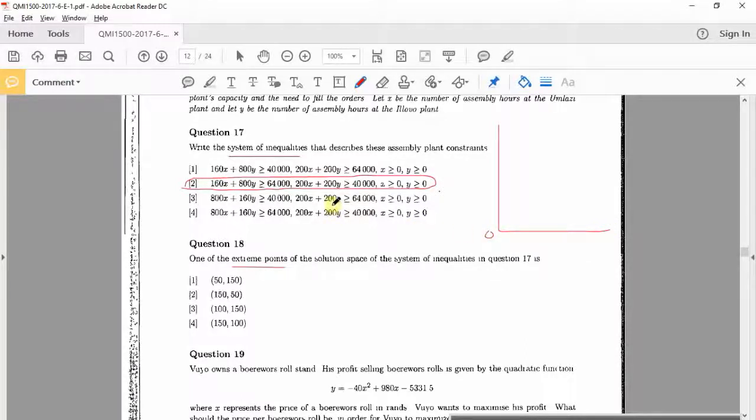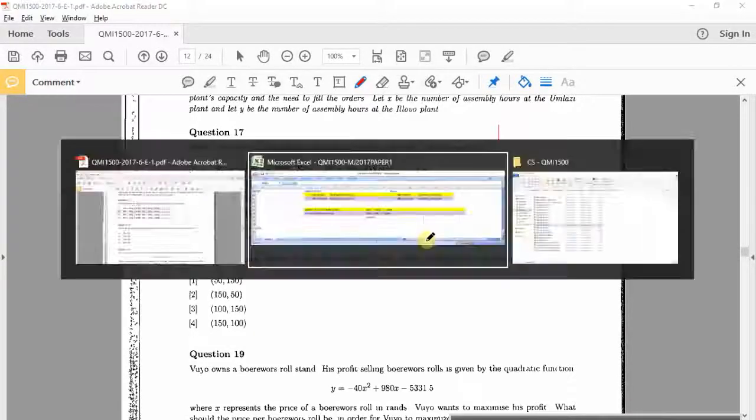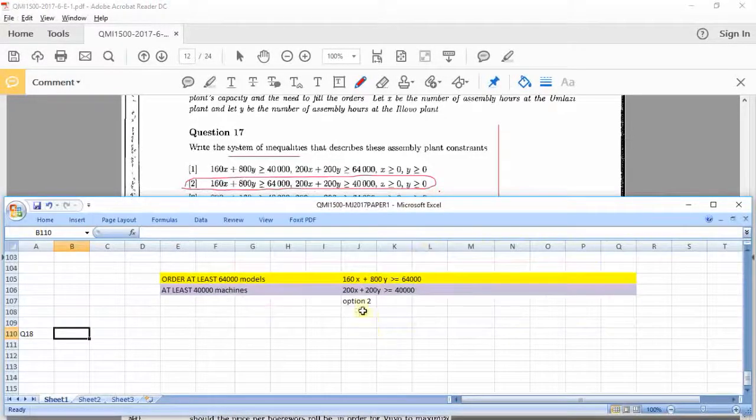So you would have this and you would have that, with zeros there. For this one, we need to check for the intercepts, the x-intercept and y-intercept.